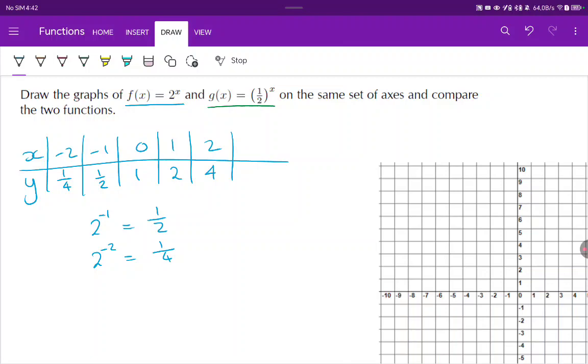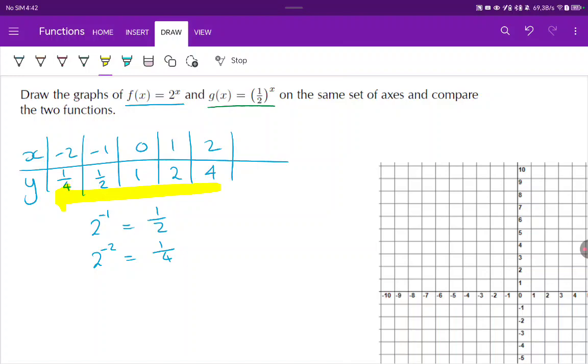Okay, so what I want you to see here is that this y value keeps going smaller and smaller in that direction. Once we reach 1, instead of going to 0, it goes to a half and then a quarter, and it keeps halving and halving and halving.